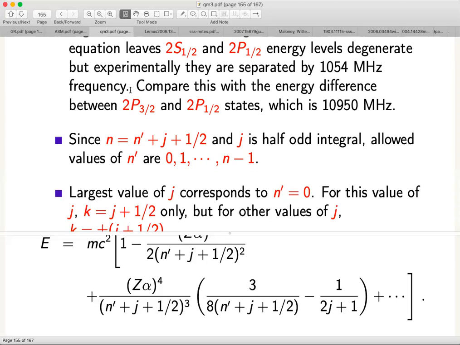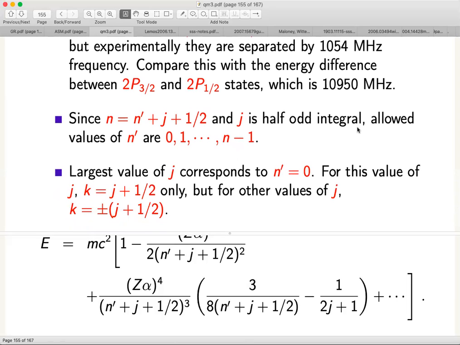For example, this is the one where the principal quantum number is 2. So j plus half will already soak up the n value to be 1. Therefore n prime starts with 0, and goes all the way up to n minus 1, because the lowest value j plus half can take is 1.